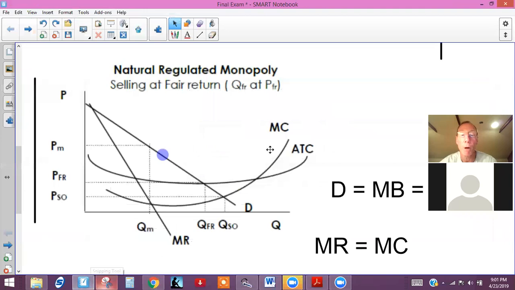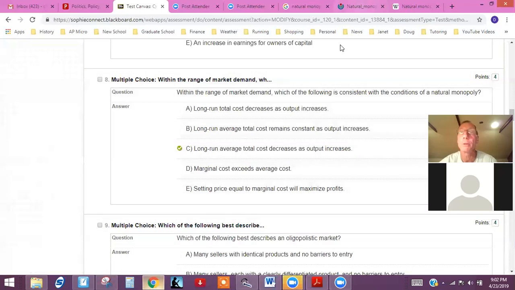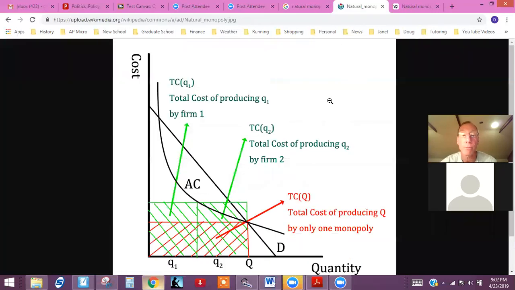Let's look at that. Marginal cost is here, right? Down here, wherever they're producing, marginal cost is less than average. And the one that I pulled up on the internet doesn't even show a marginal cost. That's not going to help us. So that answer is just not true.